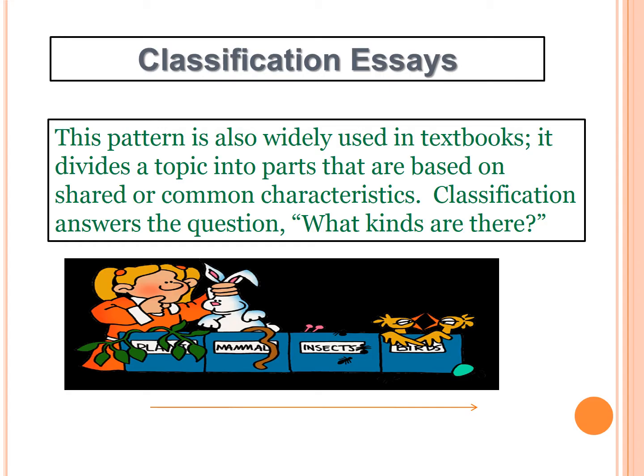The classification essay. This pattern is widely used in textbooks. It provides a topic and divides it into parts that are based on shared or common characteristics. Classification answers the question, what kinds are there?